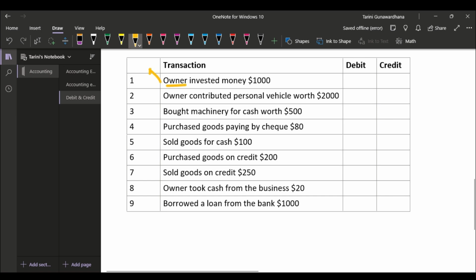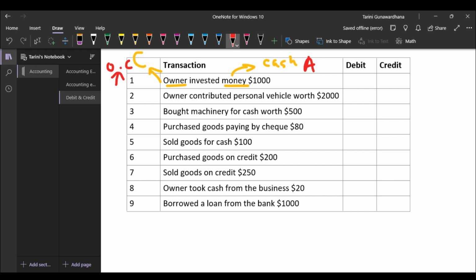Owner, which means it's related to capital. Invested money, so that is cash. Cash is an asset. Capital is, in this case, what we identified as owner's contribution. So when the owner invests money, owner's contribution increases.